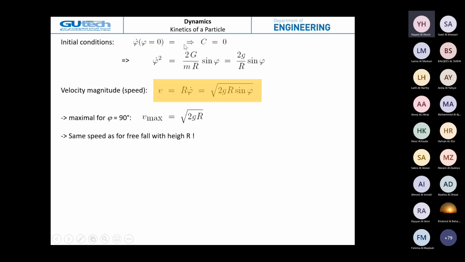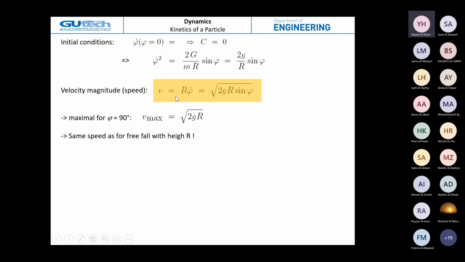And now phi dot square is only 2 times the gravitational acceleration divided by the radius, multiplied by sine phi. Now the velocity magnitude, the speed, is only the radius multiplied by phi dot, r phi dot. This is what we know in our case.